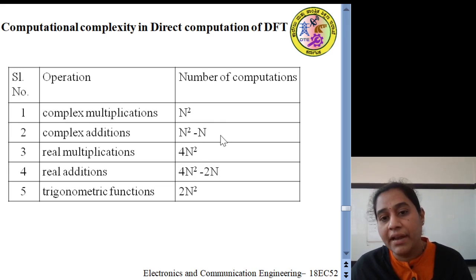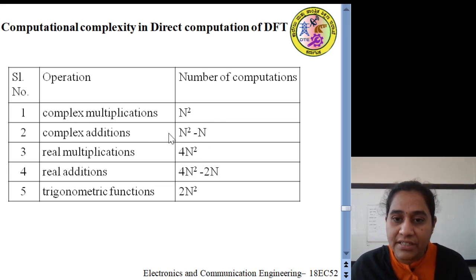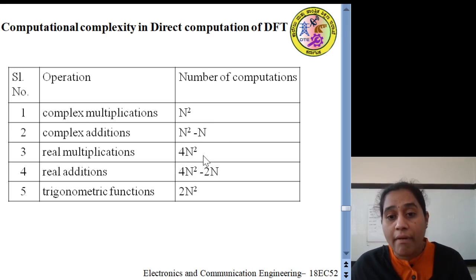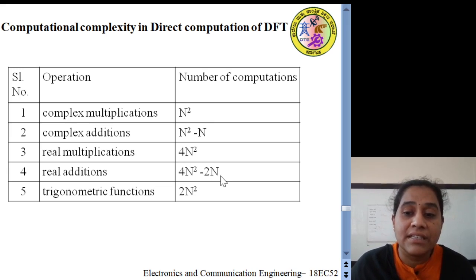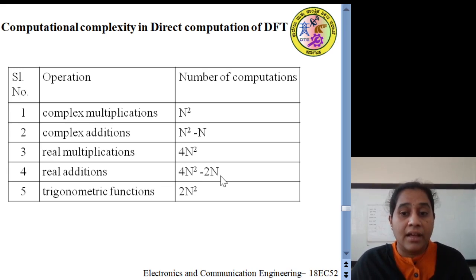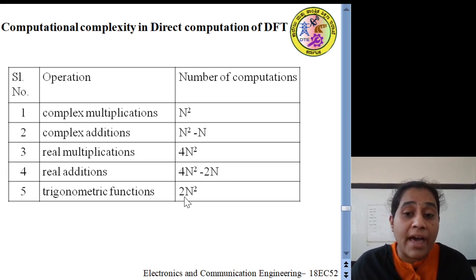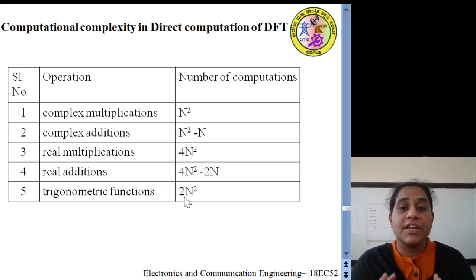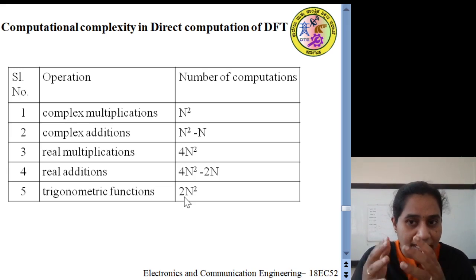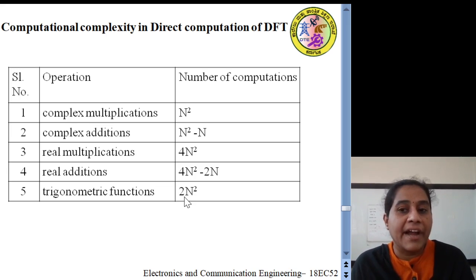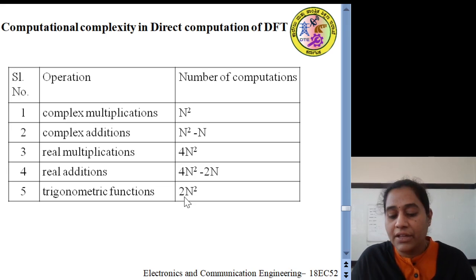Similarly, 4n square real multiplications, and 4n square minus 2n real additions. And there are 2n square trigonometric functions involved in direct computation of DFT, that is using the expansion method.